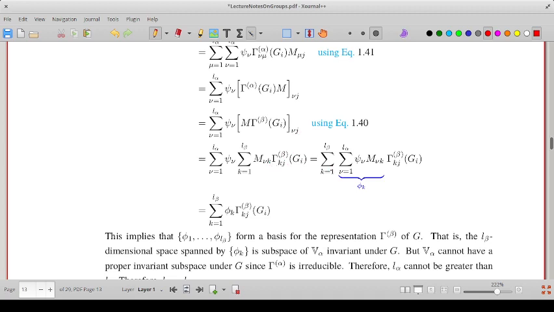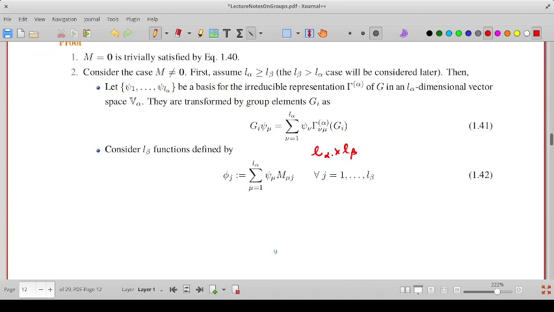Again, writing the sum over k to the left, so we have sum over k running from 1 to L beta. Then sum over nu running from 1 to L alpha, then psi nu M nu k, and then gamma beta kj.